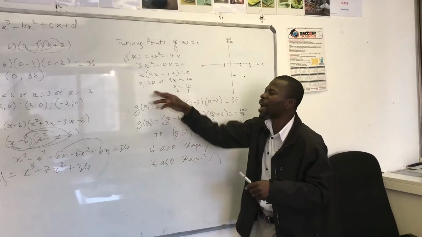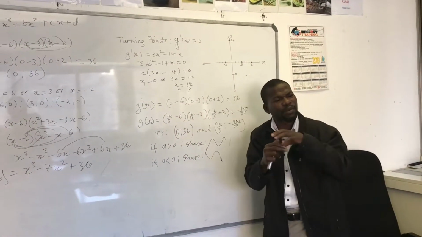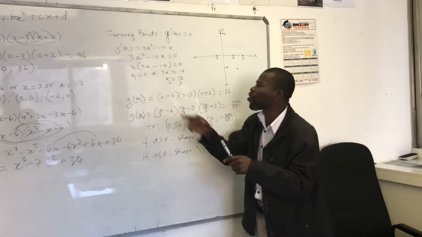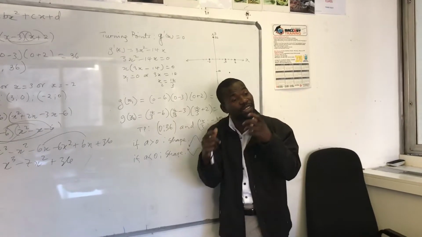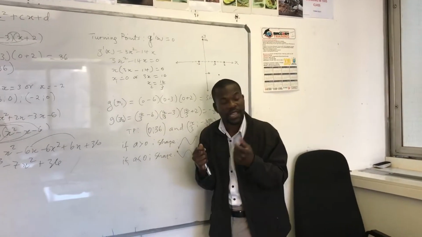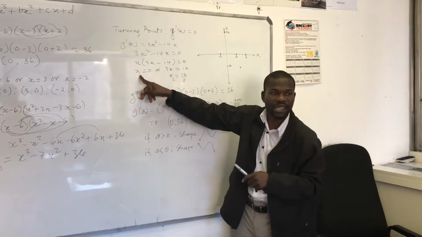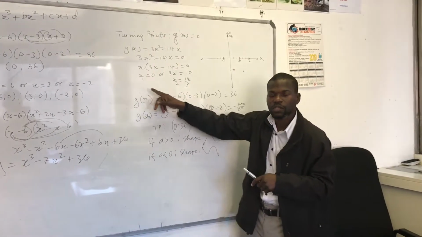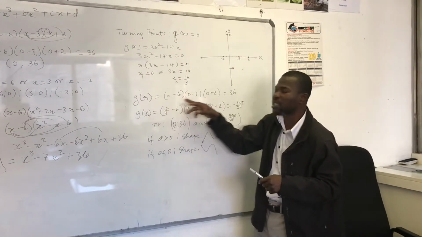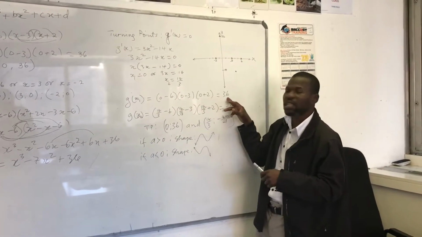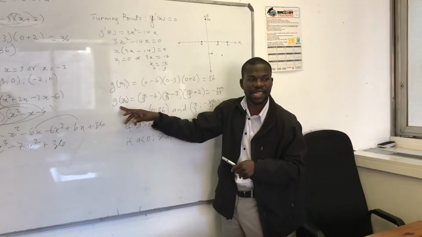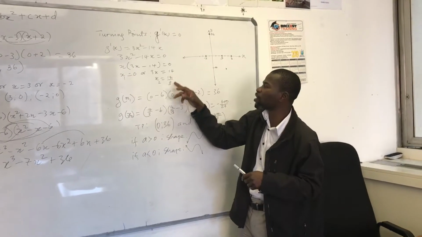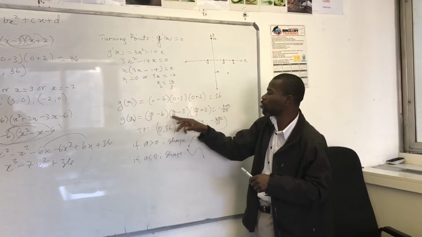Now, a point is made up of an x and a y coordinate. So we've got the x coordinates of the turning points, and we have to find the y coordinates in order to call them points. You take the first x value and substitute into the original function, and you get a value here, which is 36. Then you take the second x value, which is 14 over 3, and substitute into the function.